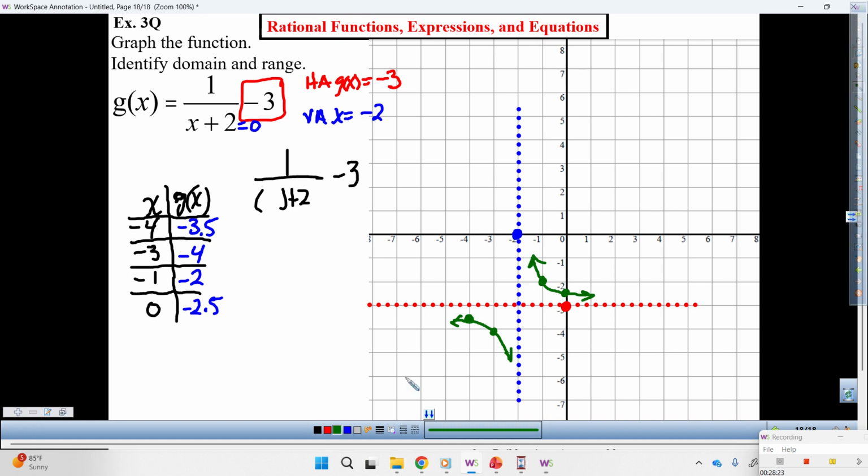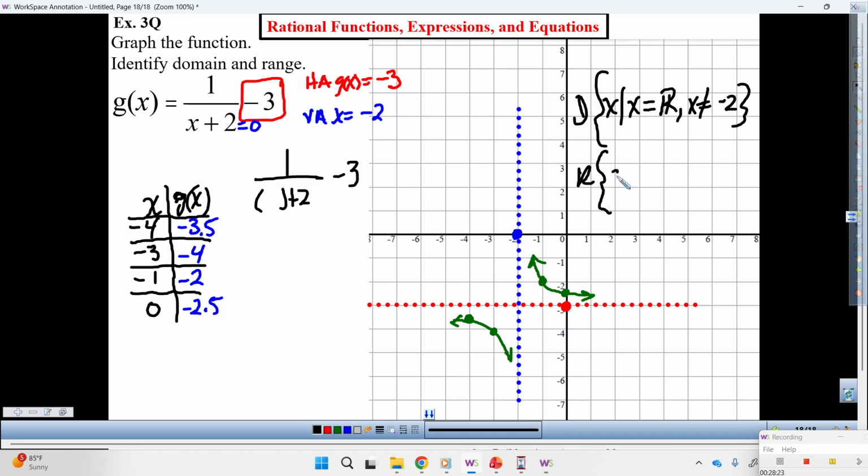All right, next, domain. X such that X is equal to, let's see, arrows going to the left, infinity, arrows going to the right, infinity. Which is the only value we don't use for X, everyone? -2. So X is all real numbers, except it cannot equal -2.